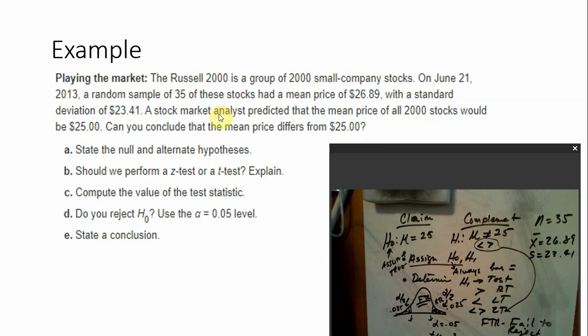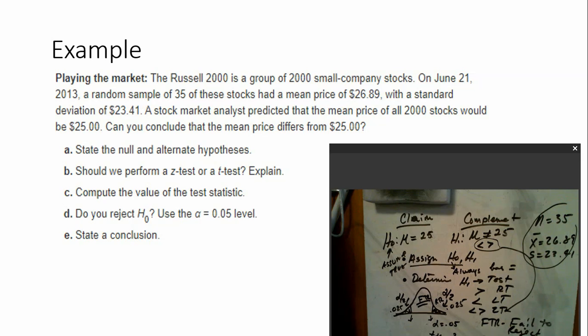I know the s because I had a random sample of 35 of those stocks, and they were the ones with the standard deviation. So I don't know sigma. Okay, so for this information, sigma unknown, I've got to use a t-score.